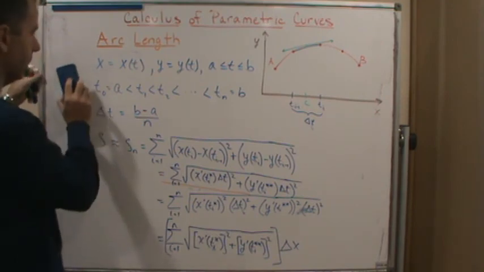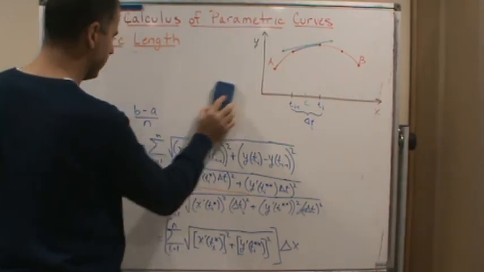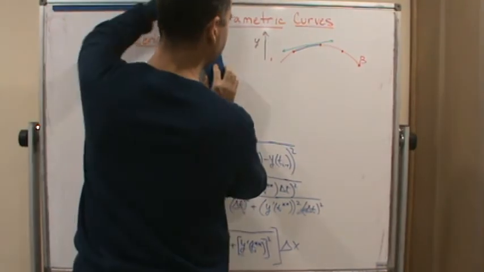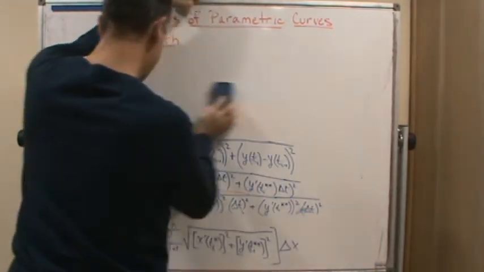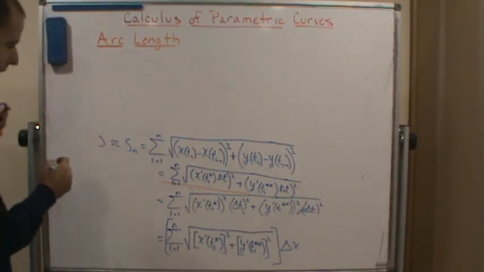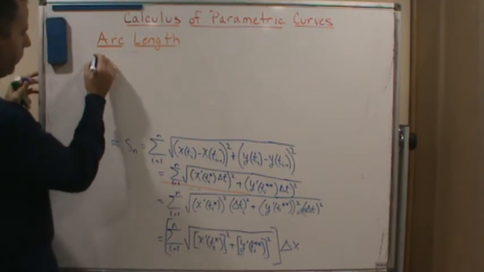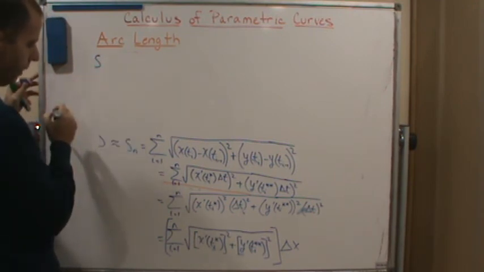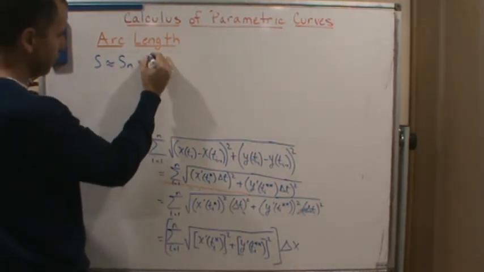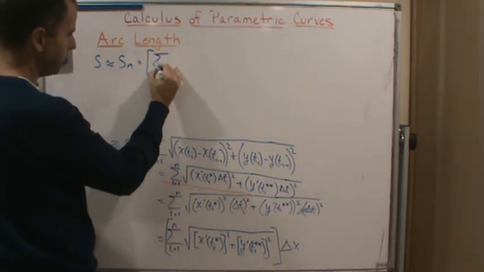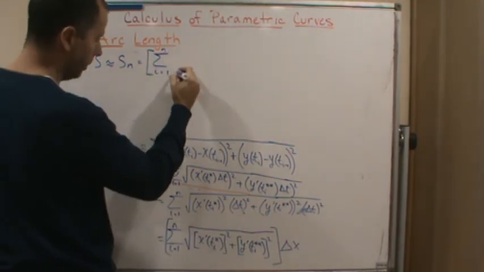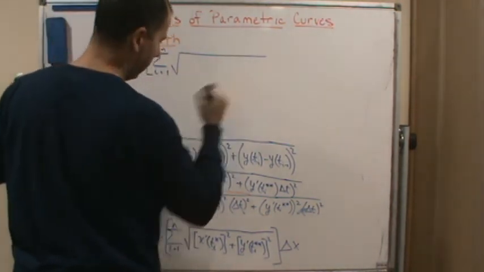Okay, so let's start up here. I'm going to erase this here. Okay? Because it served its purpose. And I'm going to start erasing some more of this, but let me rewrite this. Okay, so what do we have so far? We found that S is approximately equal to S sub n, which is equal to the summation as i equals 1 to n of this.